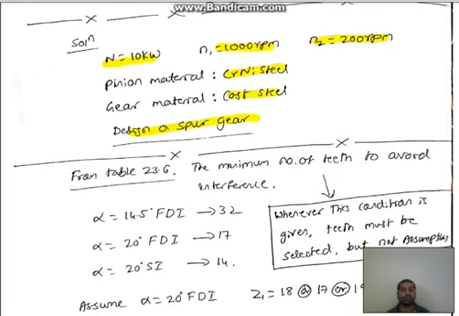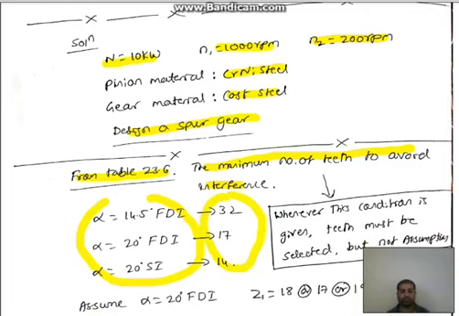Now refer to table 23.6. The minimum number of teeth to avoid the interference for different gear systems is given here. Now we assume the gear system is alpha equal to 20 degree FDI.